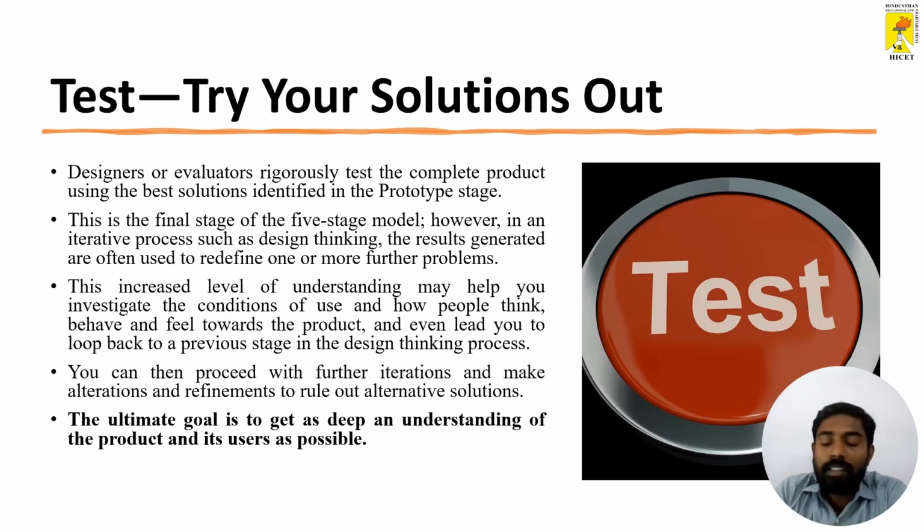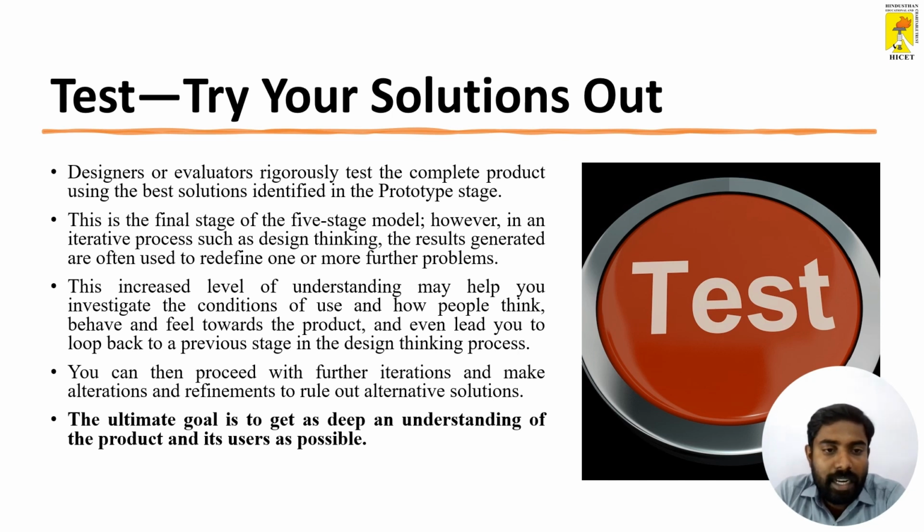Test. Final stage, that is, try your solutions out. Designers or evaluators rigorously test the complete product using the best solutions identified in the prototype stage, and this is the final stage of the 5 stage model. However, in an iterative process such as design thinking, the results generated are often used to redefine one or more further problems.